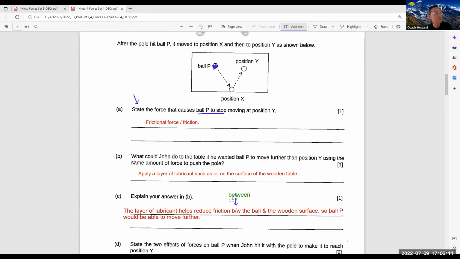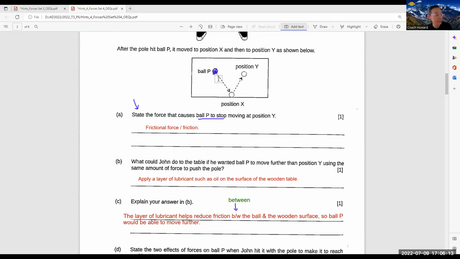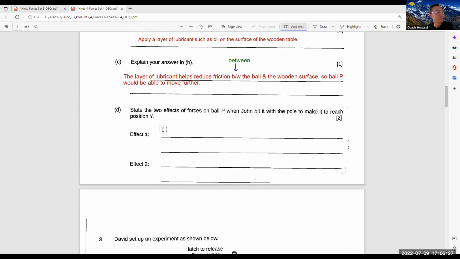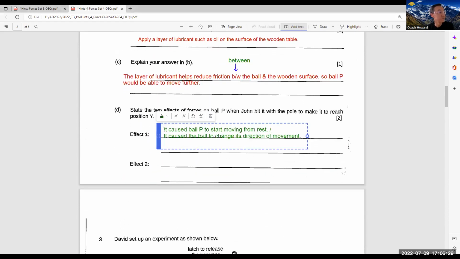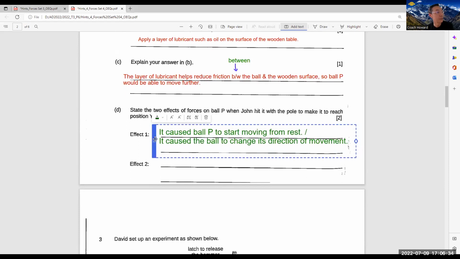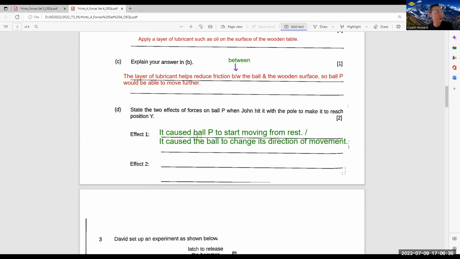Can you see here, ball P is here and at first it's not moving. I combine two together. Effect number 1, it caused ball P to start moving from rest. Effect number 2, it caused ball P to change its direction of movement.